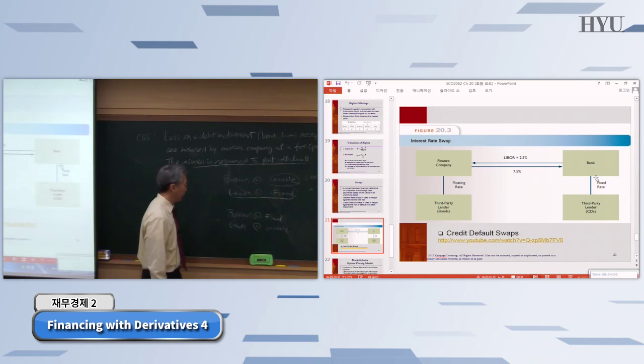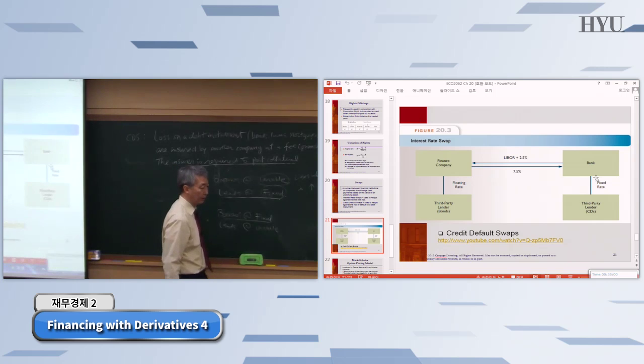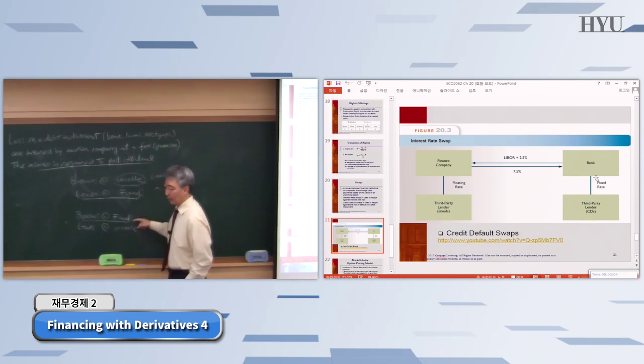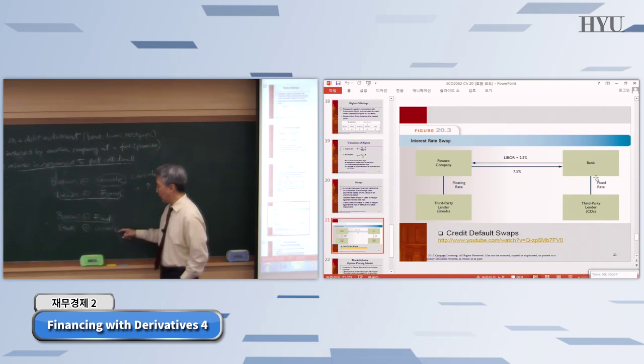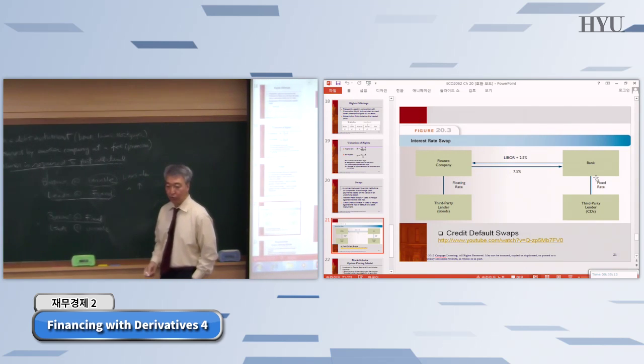Okay? So maybe they issue the bond at fixed interest rate, right? And that's how they raise the capital. But when they lend, they promise the variable interest rate to companies or individuals, okay?